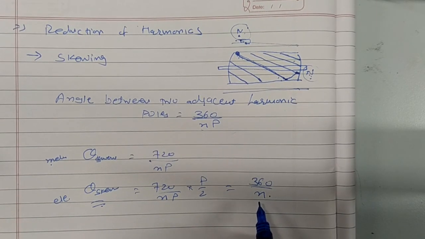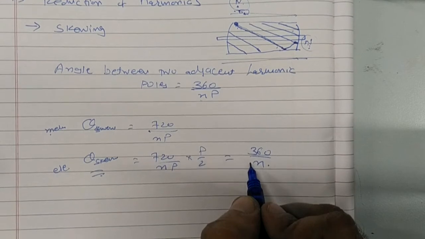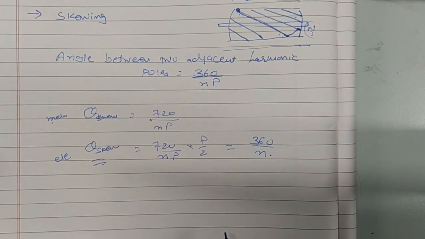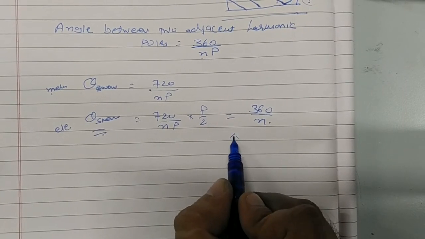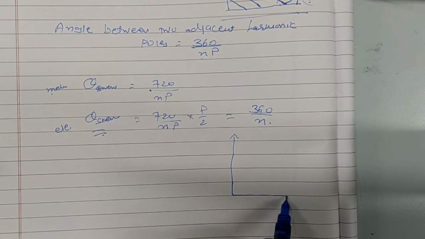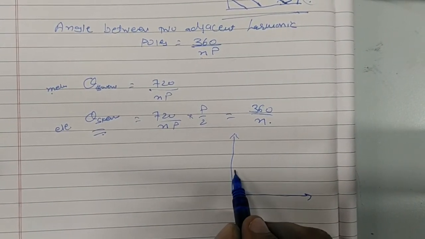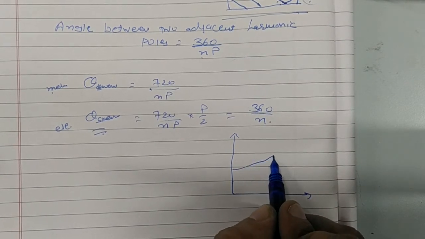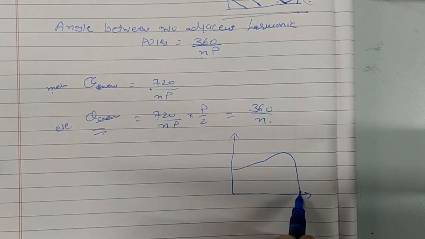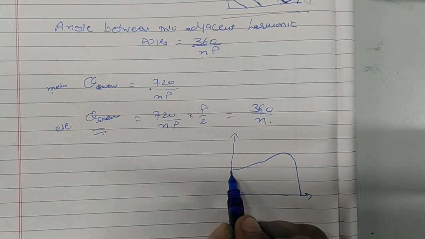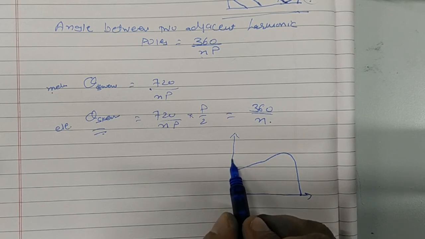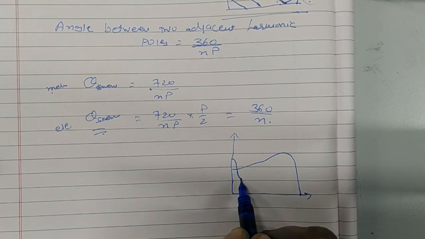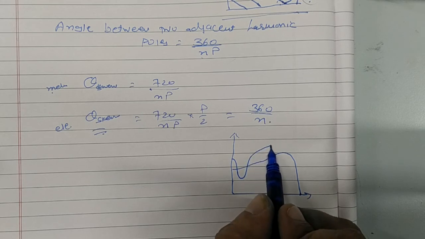If I compare the performance of the motor with and without skewing, then the torque slip characteristic will look like this. I will get a smooth operation like this if I provide the skewing. If skewing is not done, then abnormal phenomena will be there, and the torque slip characteristic will look like this.